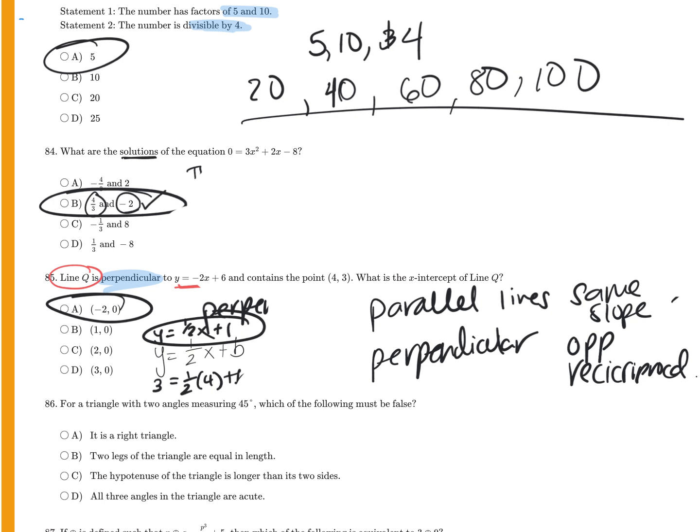The slope is the number in front of x. So if it's the same slope, you form an equation with the same slope. If it's perpendicular, you have to make the slope opposite and flip the fraction.